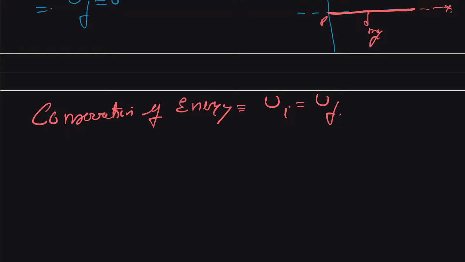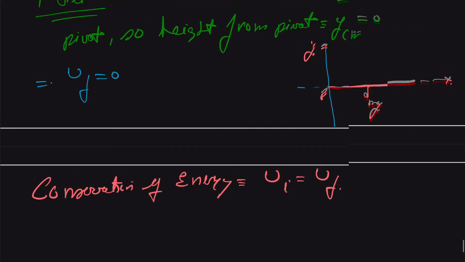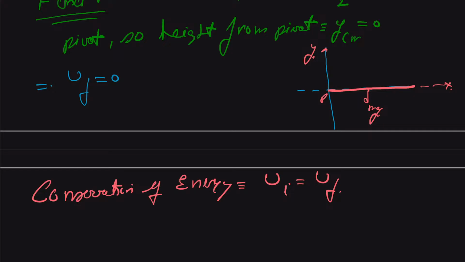I forgot to mention one thing here: the potential energy will be 0, but it is going to have energy because of the rotation. Initially it is in this position, so it is going to rotate in this direction. So its rotational energy, K of F, will be equal to half I omega square.